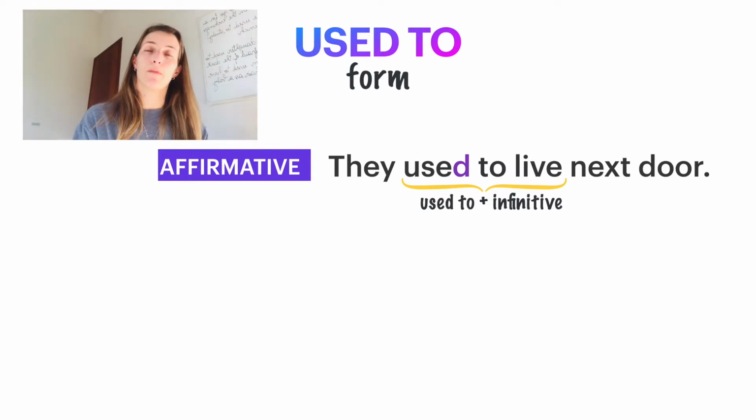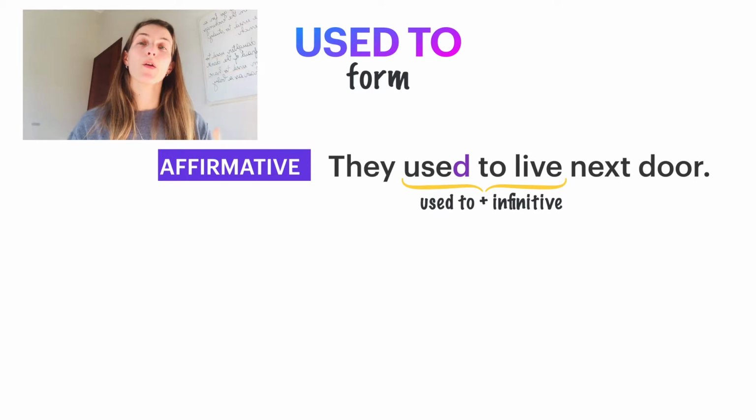Siempre vamos a tener en la forma afirmativa el sujeto: they used to live, I used to live, she used to live. En este caso, como es pasado con cualquier persona, con cualquier pronombre, vamos a usar used to, y este va a estar seguido de un verbo en infinitivo. ¿Ok? They used to live next door.